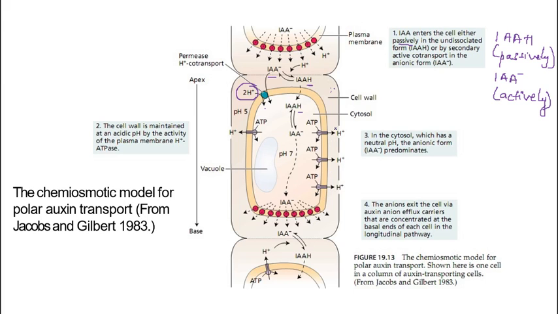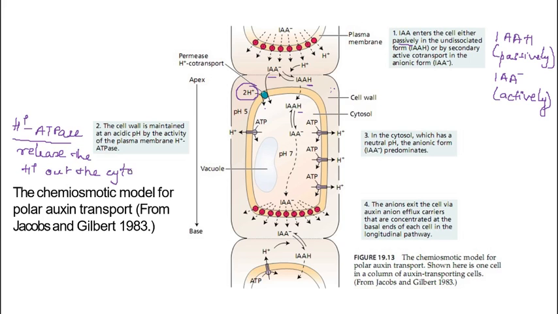So to maintain the level of H plus in the apoplast, there is another transporter which works. That transporter is named H plus ATPase. What this H plus ATPase does is release the H plus out of the cytoplasm.